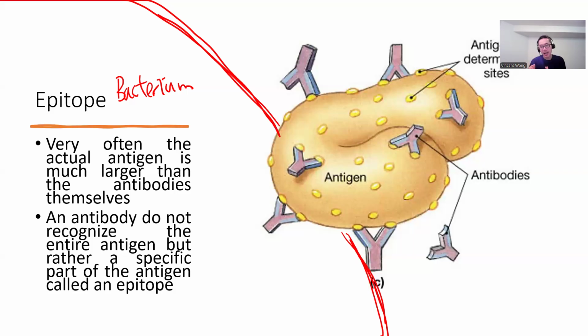And that is the same when it comes to antibodies. On the antigens, there are many different things you can bind to. You can bind to the tail, you can bind to the neck, you can bind to the ears, so to speak, right? And some of these locations are going to be a defining feature of the antigen, like the nose of the elephant, like the neck of a giraffe.